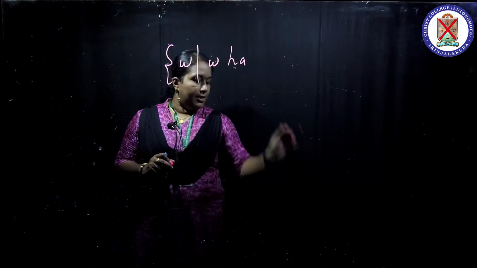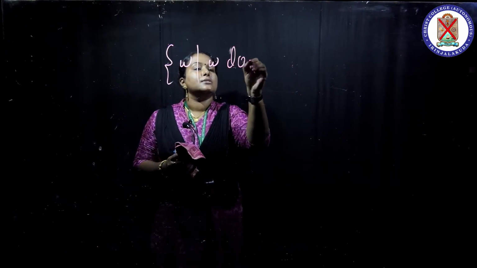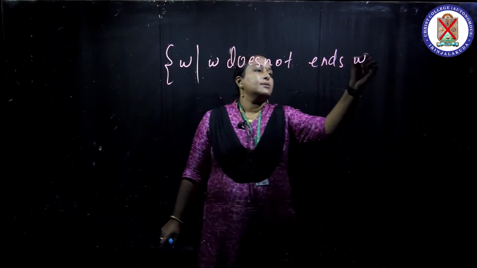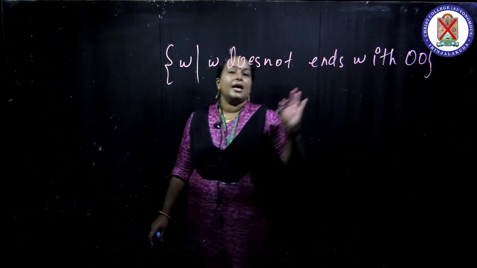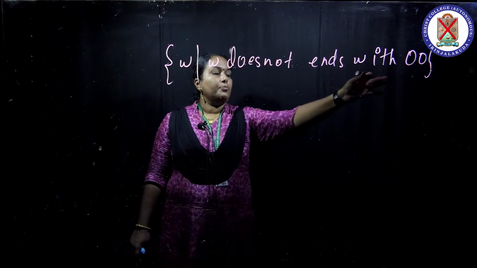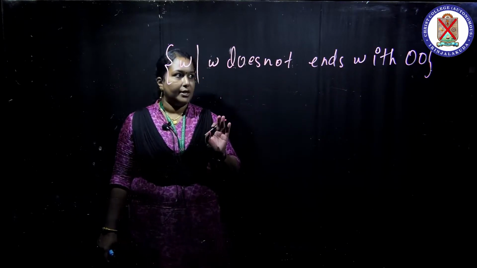W does not end with 00. The 00 is the string I took in the first lecture. So I hope you have already seen my first lecture, the first part of deterministic finite automata.